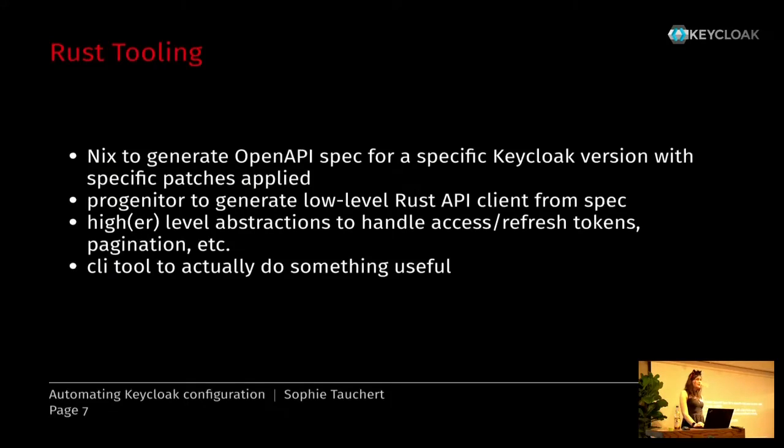Then I'm using, as I said, Progenitor to generate a Rust API client, so I can actually interface with the Keycloak API from Rust. I've built high-level abstractions around this to handle login, access tokens, things like this.